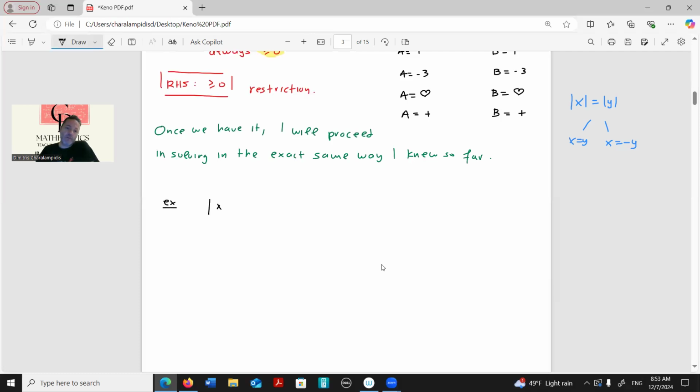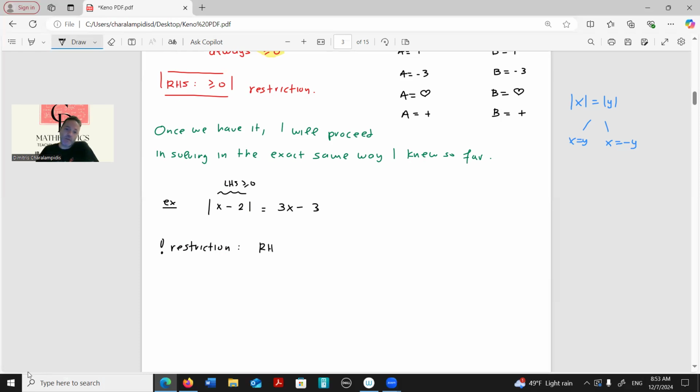Absolute value of x minus 2 is equal to 3x minus 6. Or not, let's make that 3x minus 3. So again, remember, in these cases, we have restrictions. We need to set it up. The left-hand side is always greater or equal than 0, since it represents a distance.